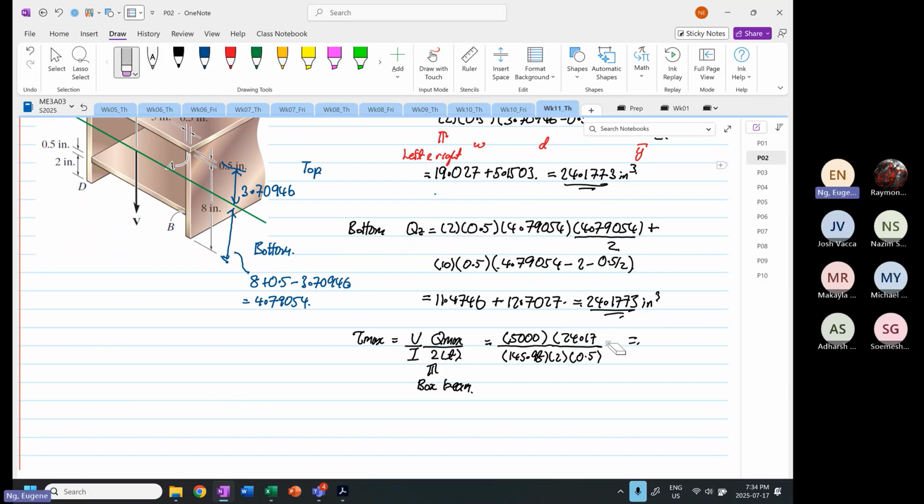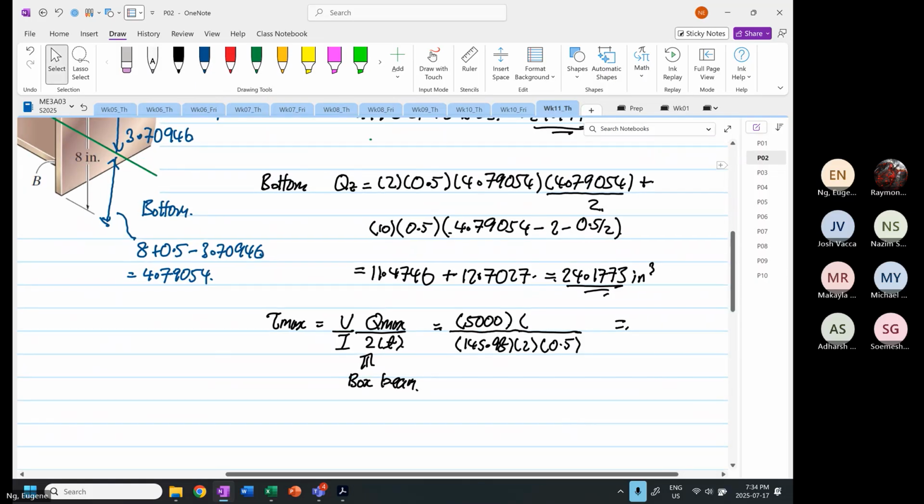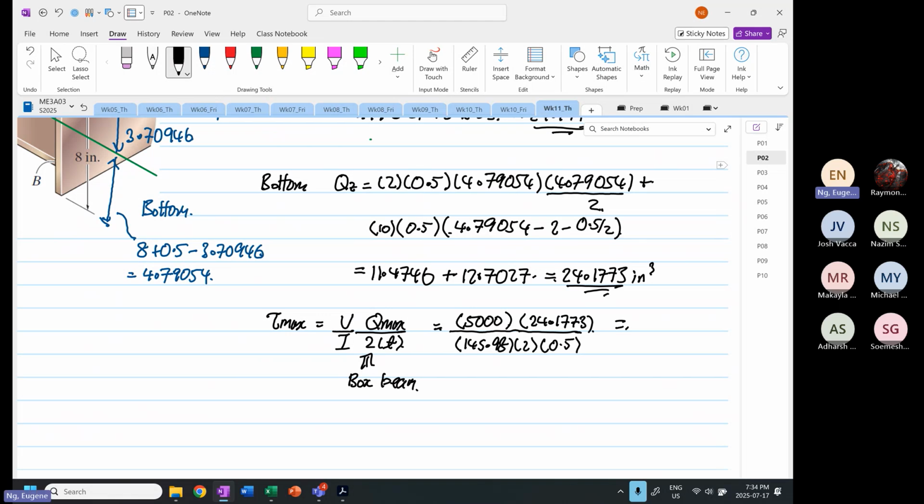Okay. So this will be equal to 5,000 times by 24.1773 divided by 145.98 divided by 2 divided by 0.5. So, wait, 5,000 times 24.1773 divided by 145.98 divided by 2 divided by 0.5 is equal to... I get 82.